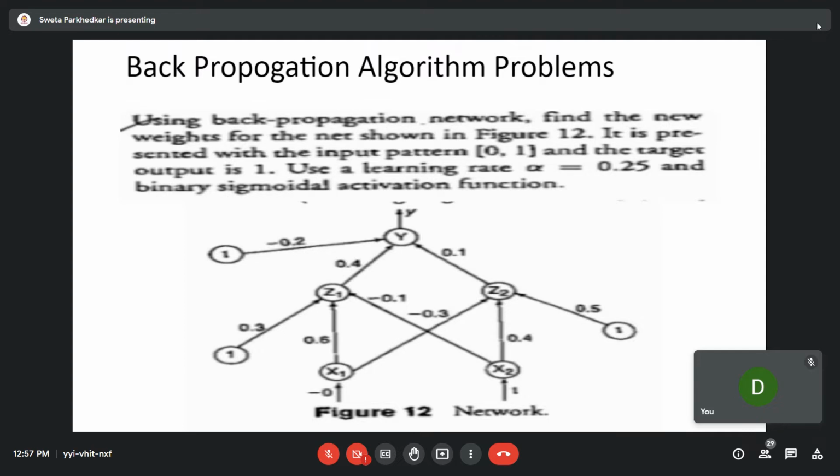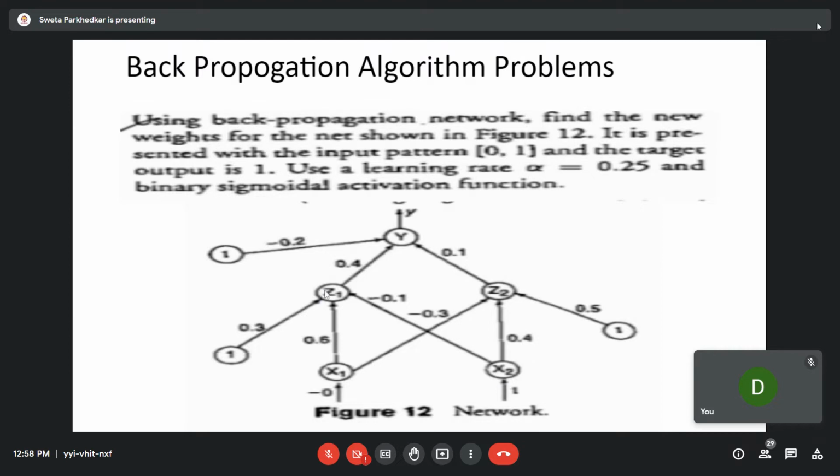Okay. So this problem, what will be the first step? हम लोग क्या करते हैं? हम लोग इनिशियल वेट्स डिफाइन करते हैं, बट यहाँ पे वेट्स इज ऑलरेडी गिवन, तो हमको देखना है द इनिशियल वेट फॉर सपोज this from network x1 to z1. What are the initial weight from x2 to z1?